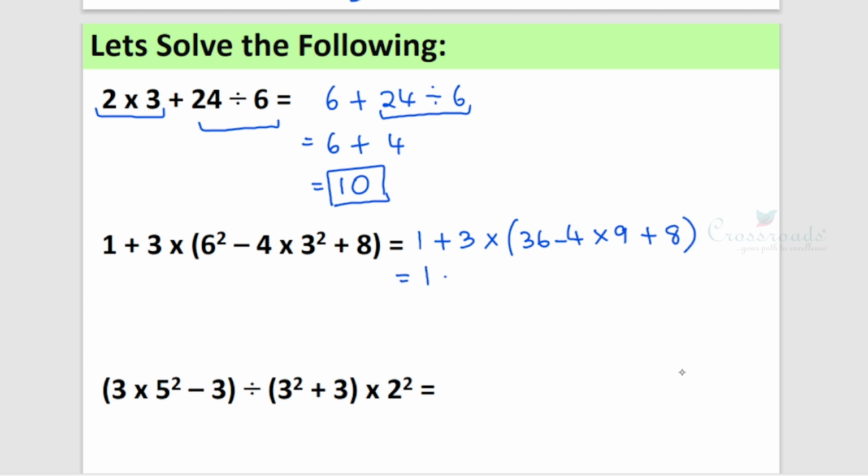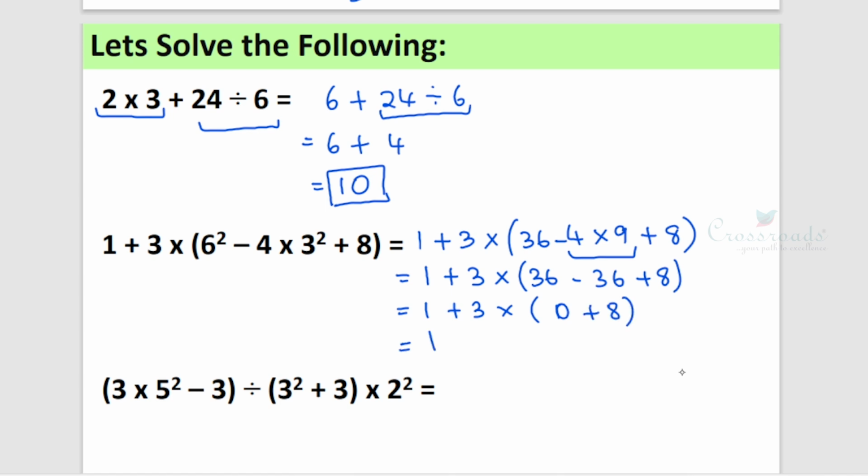Going to the next step, 1 plus 3 into 36. We try to solve the multiplication part. 4 into 9 is nothing but 36 plus 8. So 1 plus 3 into 36 minus 36 is nothing but 0 plus 8. So 0 plus 8 is nothing but 8.